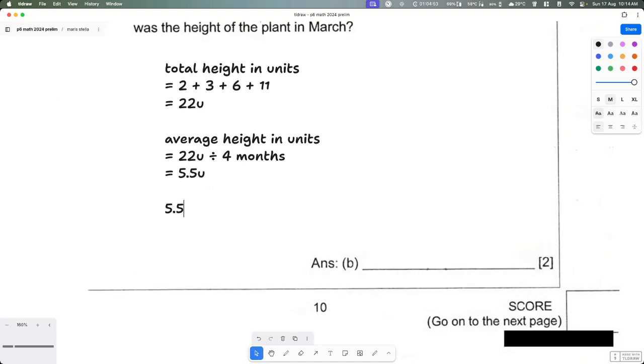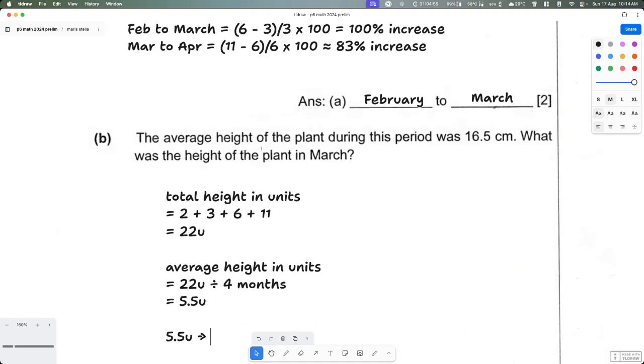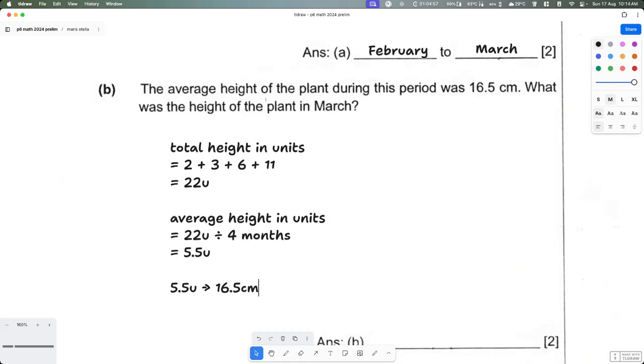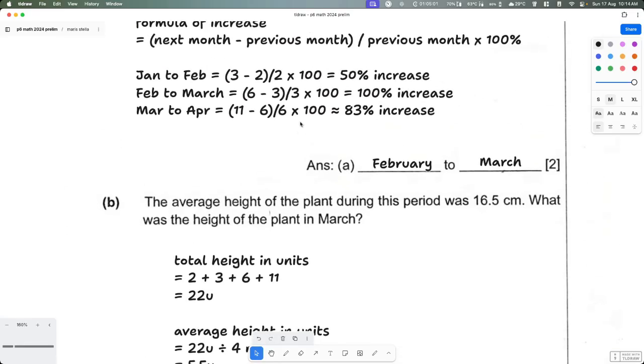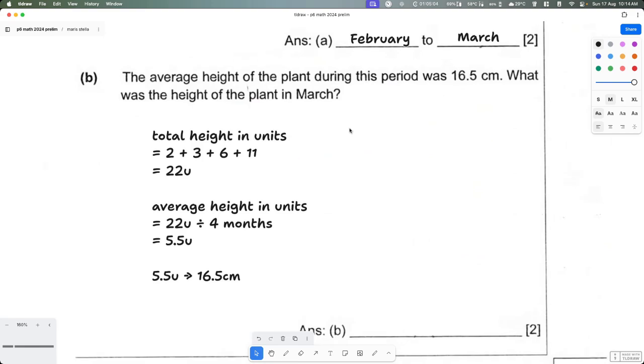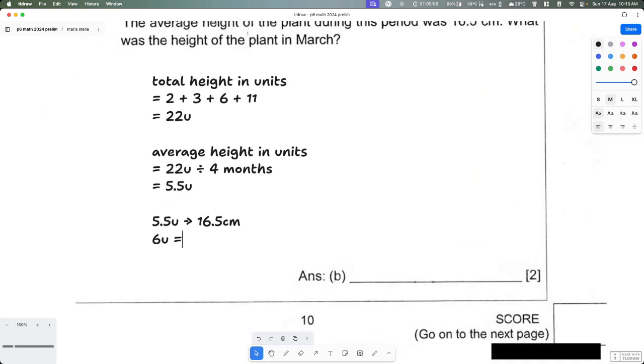So that means 5.5 units is equal to 16.5 centimeters. Then we want the height for the plant in March. So March is 6 units.